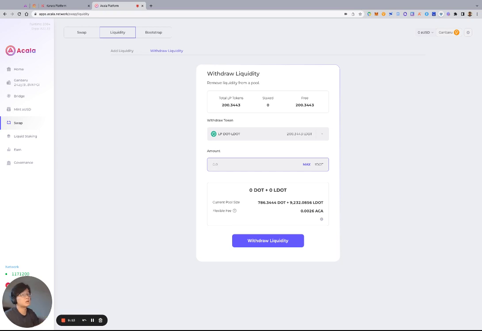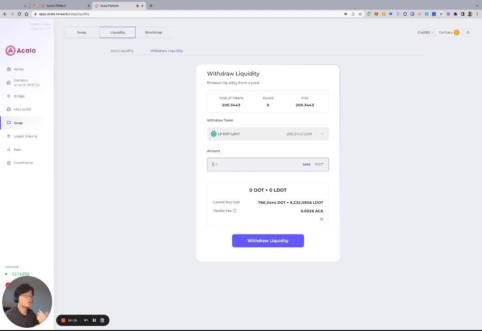The second yield source for tDOT is from the fees that are collected. So there are two fees. Number one, as I talked about, is the swap fees. Whenever there's a swap transaction that occurs between DOT and LDOT, 0.25% is collected, and that percentage goes all towards liquidity providers.